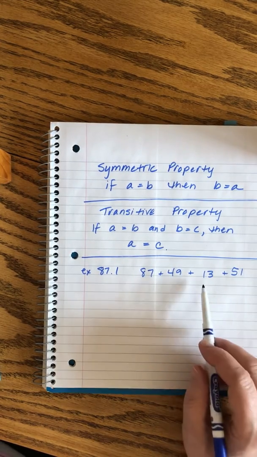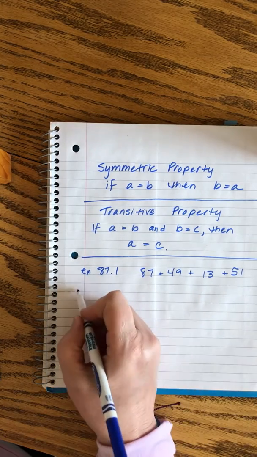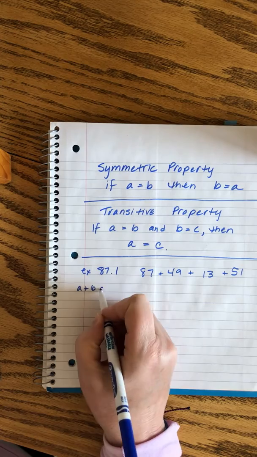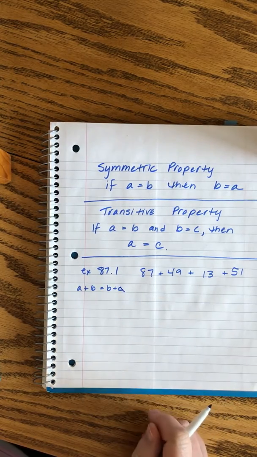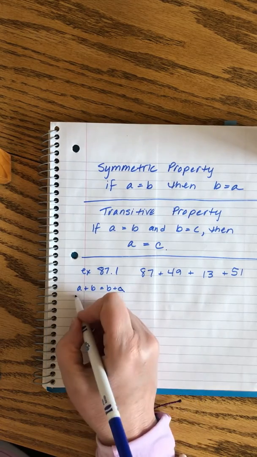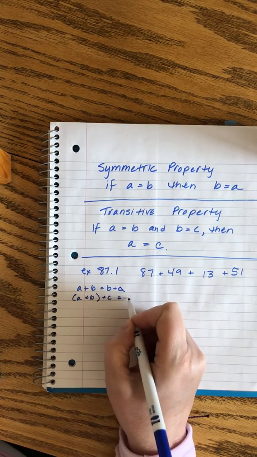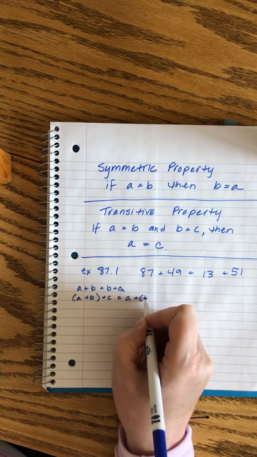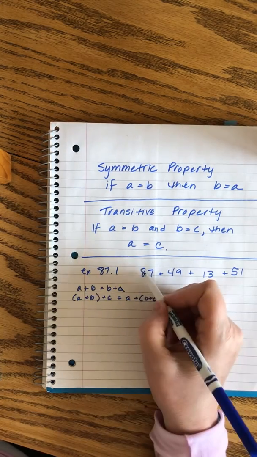We're dealing with addition here. Those were the first 2 we talked about, in which we said that A plus B equals B plus A. And associative was the one where we put parentheses on things.